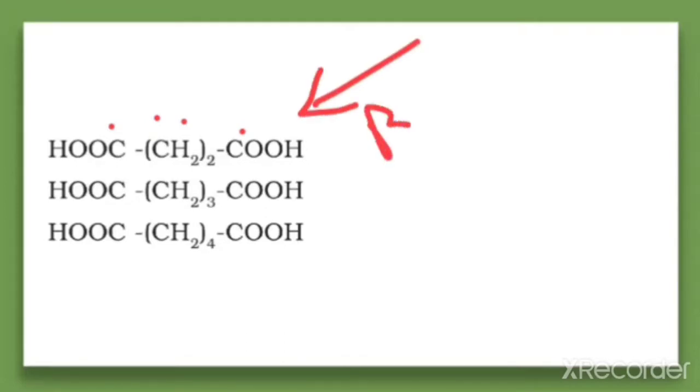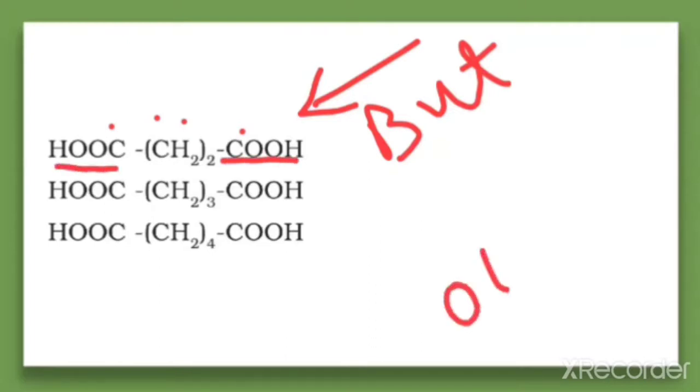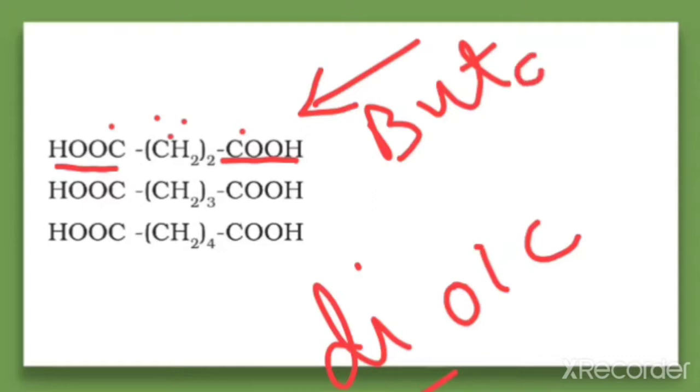So what will be the word root? That is but. But in this case two carboxylic acid groups are there, so when we use the suffix oic acid, we have to use di here. So we have to use dioic acid because two acidic groups are there. And here the carbon-carbon bond is single, therefore we use the word butane.